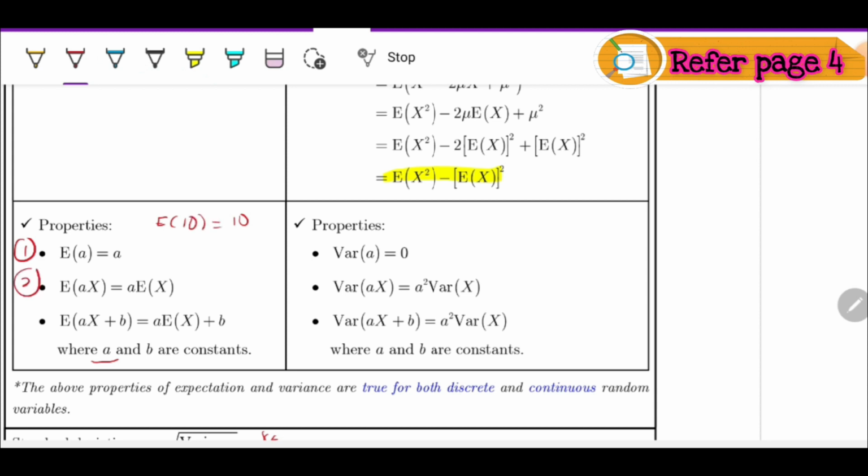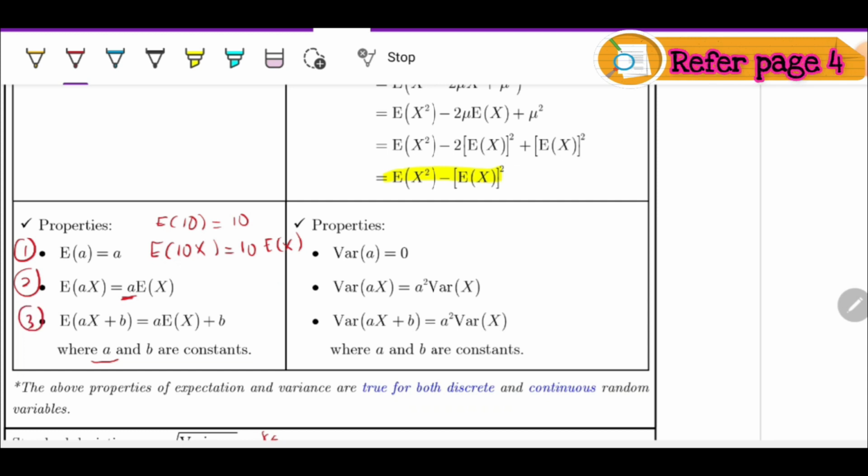The second one is expectation of AX equals A times the expectation of X. So we can take the constant outside and multiply by the expectation. For example, expectation of 10X equals 10 times the expectation of X.